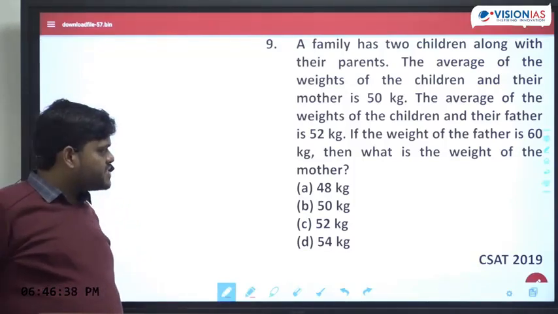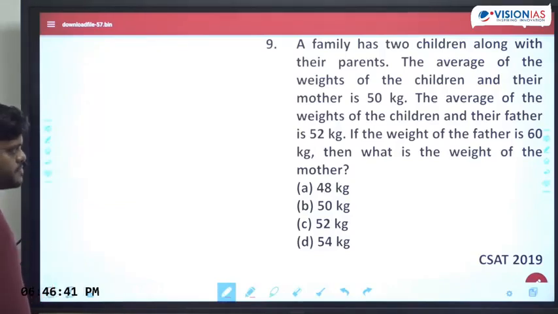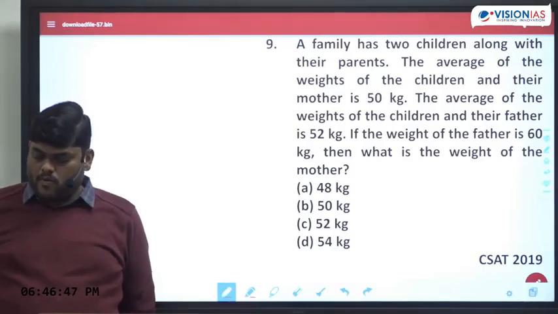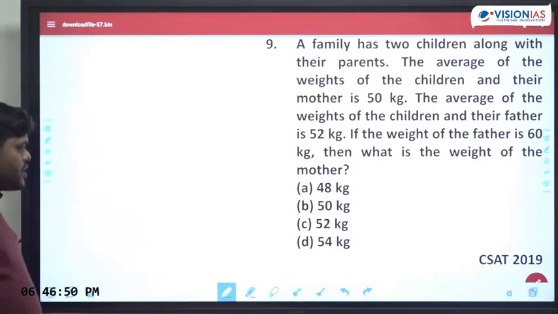If the weight of the father is 60 kg, then what is the weight of the mother? This is a UPSC 2019 question. Give the answer of this question.